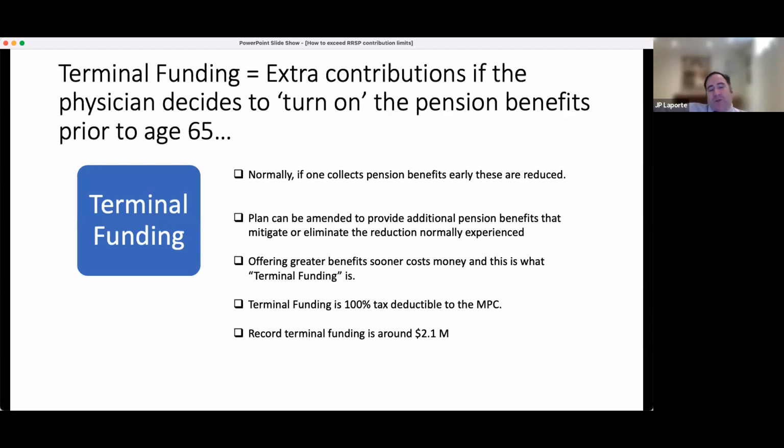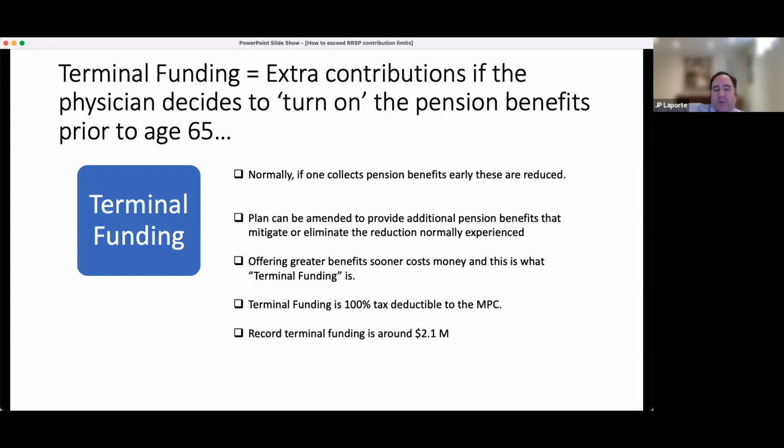Now, the problem, well, not the problem, but the consequence of doing that is that there's going to be a deficit now building up inside the pension plan, because the pension plan is expected to pay more money sooner, but it ain't got the money. The contributions were not made in the past for that extra amount of pension benefit. So what happens is we calculate what this deficit looks like, and we turn to the Medical Professional Corporation and say, pay up, please feed us.